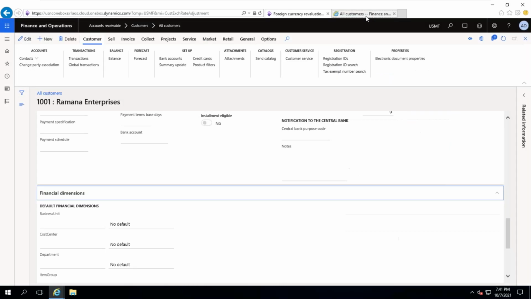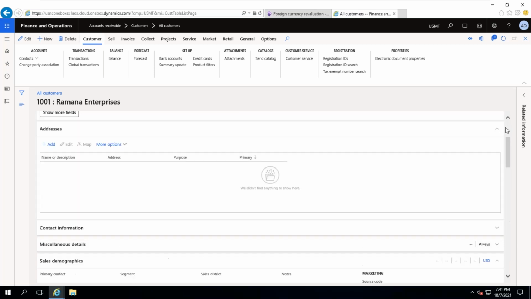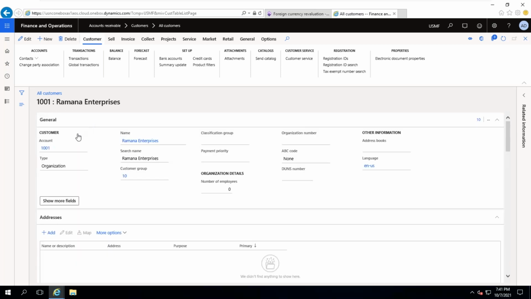In the customer account or vendor account dimensions, and in the item master also the same. Or if you want transaction dimensions, means for this customer we have transactions.